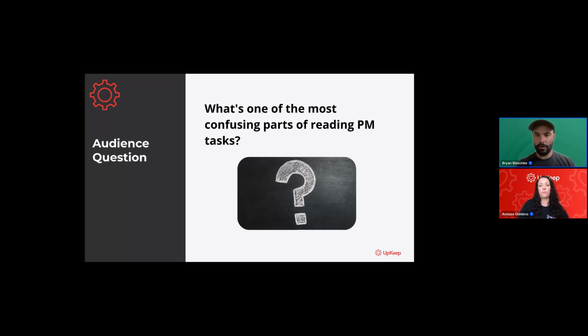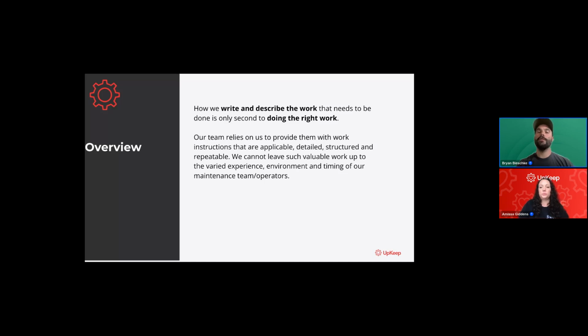All great answers. Okay, here's the overview of this next topic of writing detailed inspections, right? So I'm going to read this because it's important. How we write and describe the work that needs to be done is only second to doing the right work. If we have a super detailed, awesome PM task, but it's the wrong task, that doesn't help us, right?